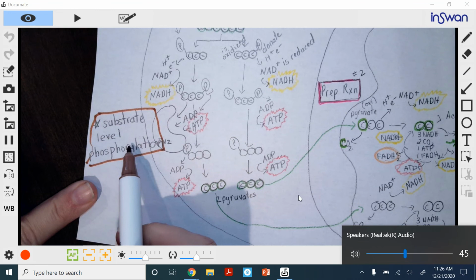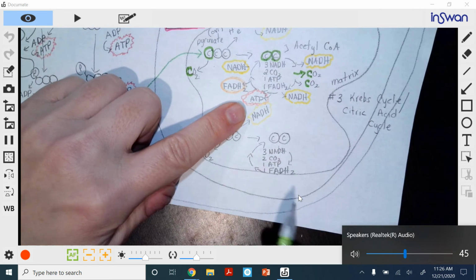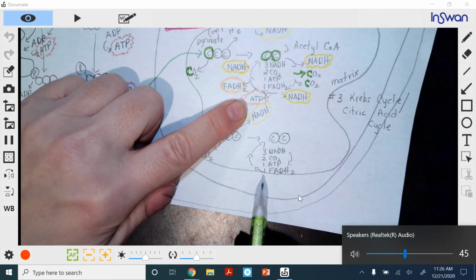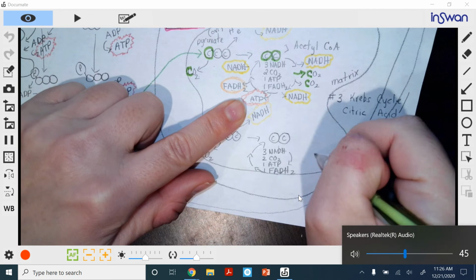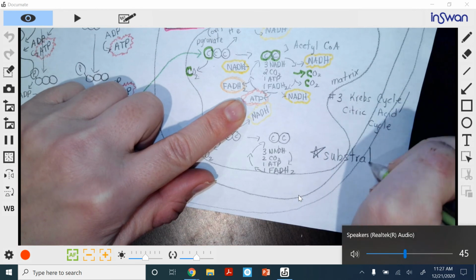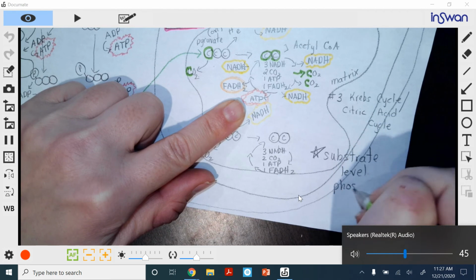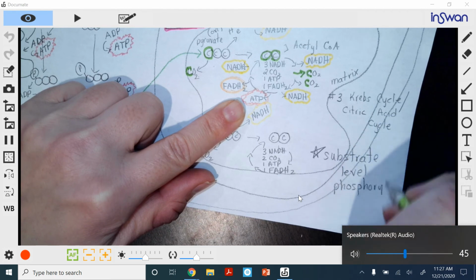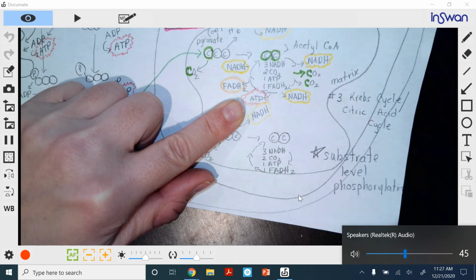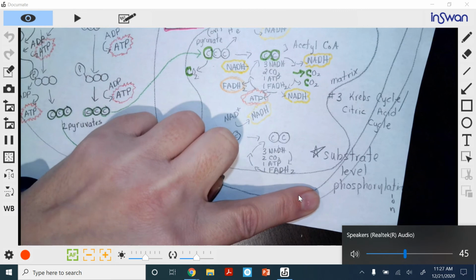Remember we said substrate level phosphorylation happens in glycolysis. You see those ATPs being made right here? Same way. Substrate level phosphorylation.